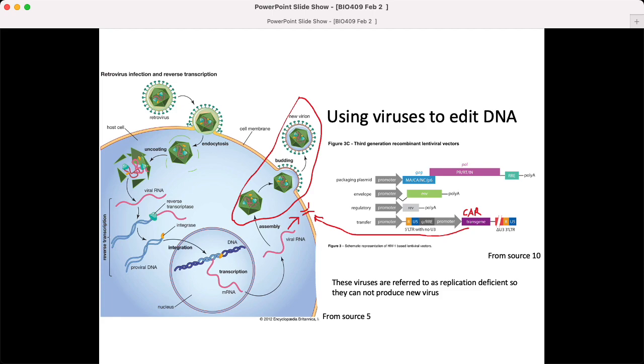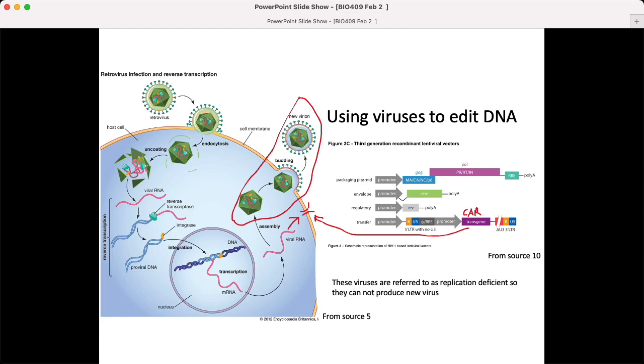But with this, we only want it to express our target transgene, which is the chimeric antigen receptor. Earlier iterations had problems with this, and so they had to make changes to where this part is the plasmid coat, reverse transcriptase, and the integrase, which allows the double-stranded DNA to integrate into our genome, right?